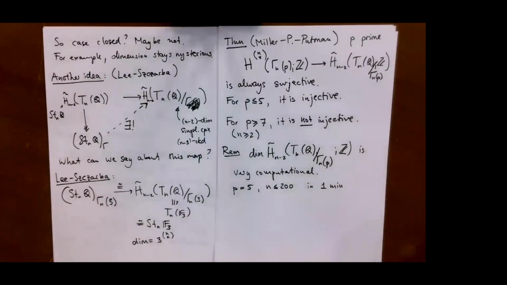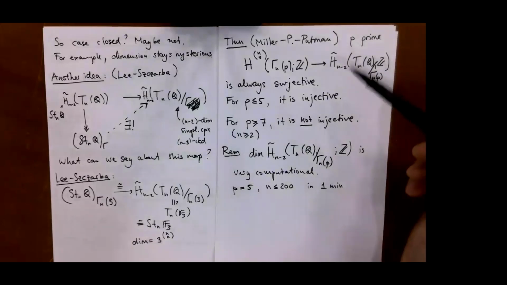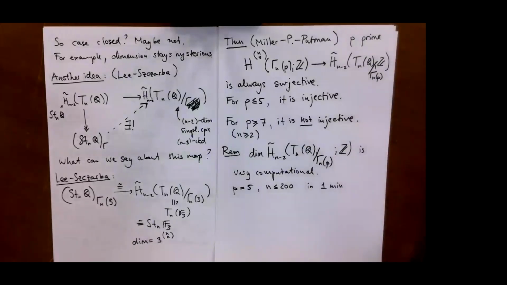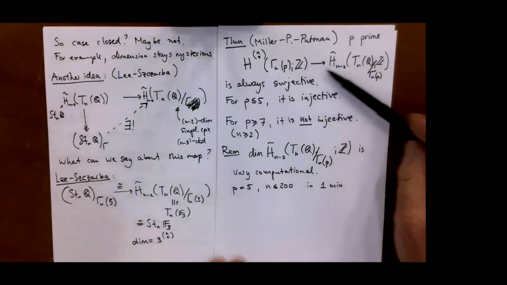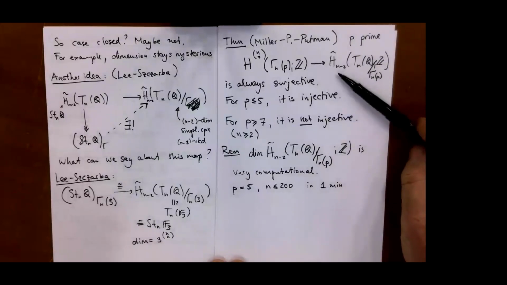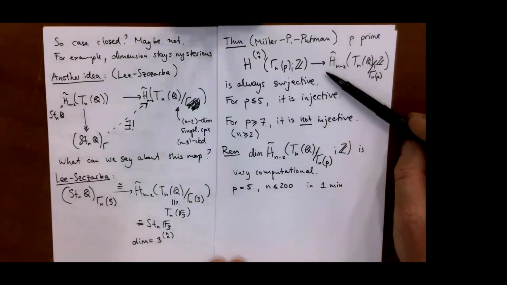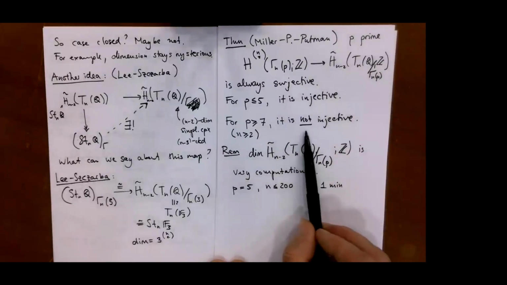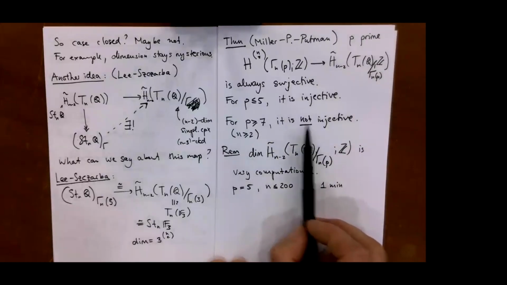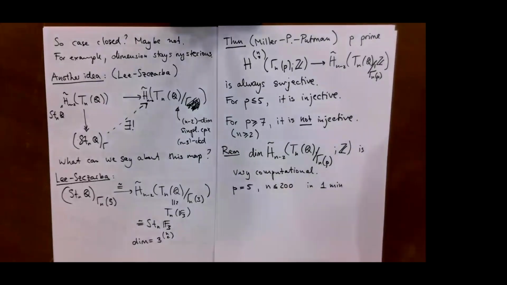And maybe I should point this out as well: through us proving that this is surjective, we improve lower bounds that were known before. And how do we prove that it's not injective? We find something in the kernel.